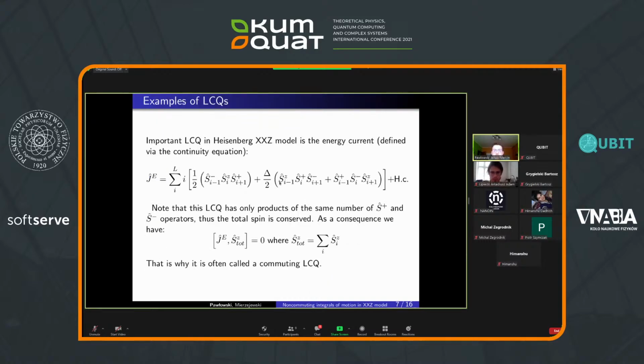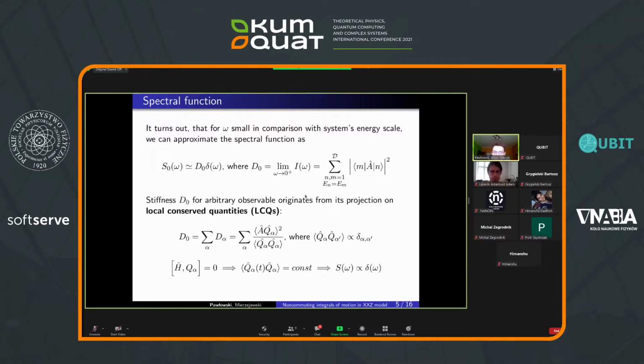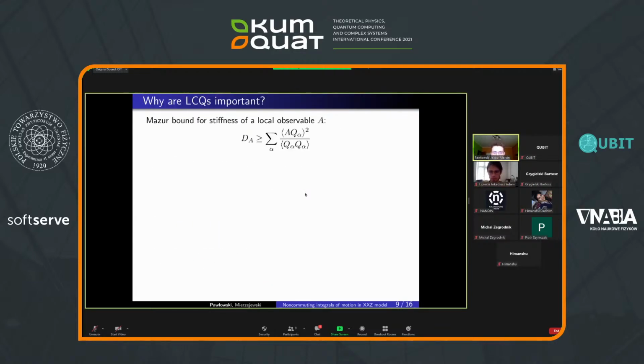However, it is not important for determining the stiffness, because, as I said here, this projection on the conserved quantities in the thermodynamic limit vanishes for all non-local conserved quantities. So in the thermodynamic limit, that means in real world systems, they are not important. We care only about local and the more complicated quasi-local conserved quantities.